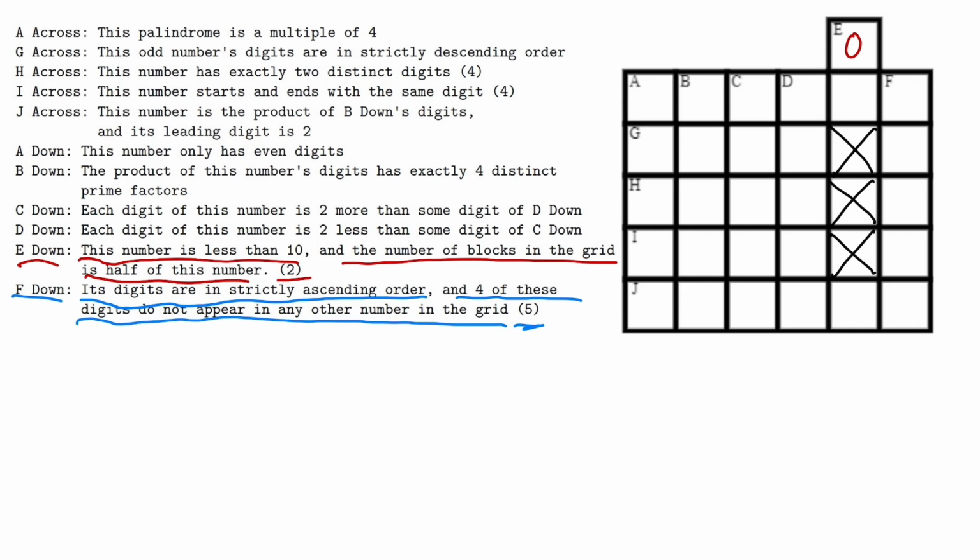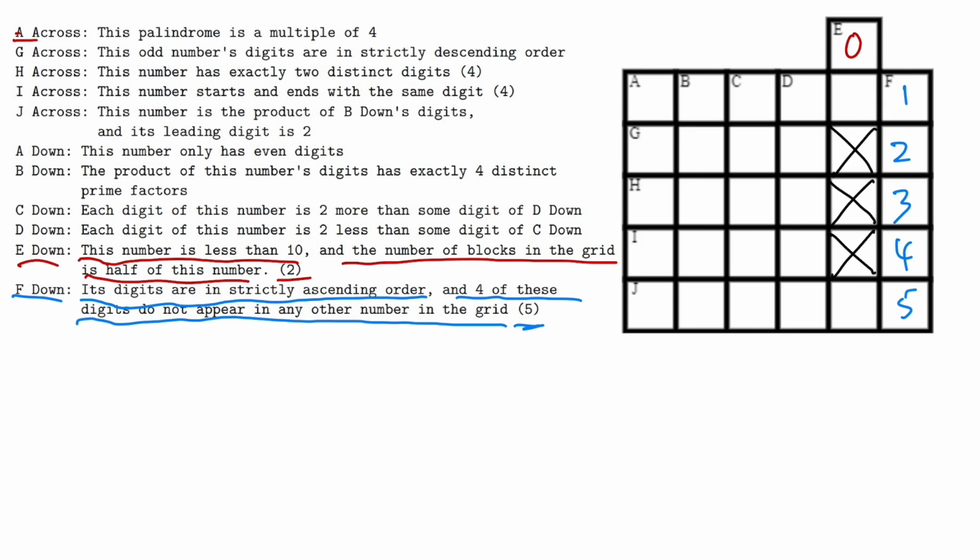So what that means is that suppose the numbers are just 1, 2, 3, 4, 5, these 5 digits. If I put this down, that means 4 of these must not appear in any other number. But which 4?